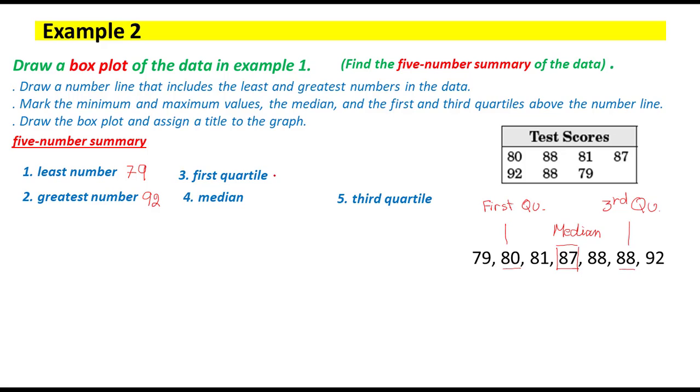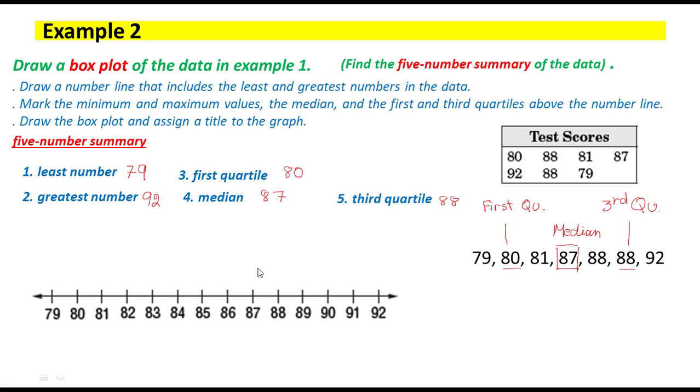I'm going to put it here so that we don't get confused. The first quartile is 80, the median is 87, and the third quartile is 88. Now I'm going to draw a number line and divide it from the least number to the greatest number that I have here: 79, 80, 81, 82, 83, and so on until 92.